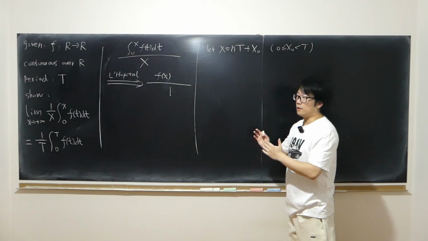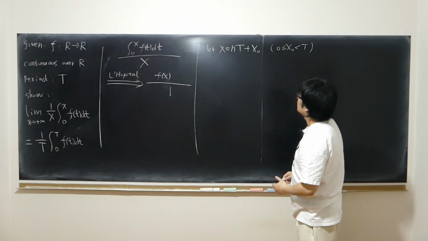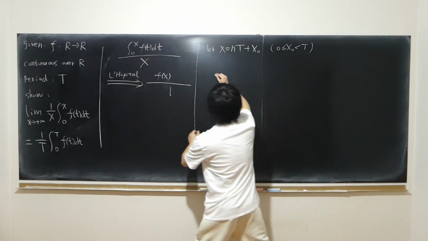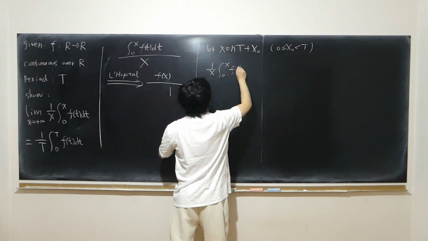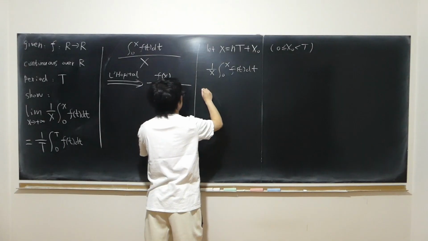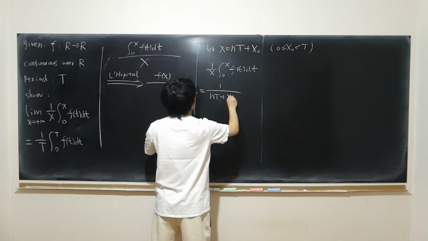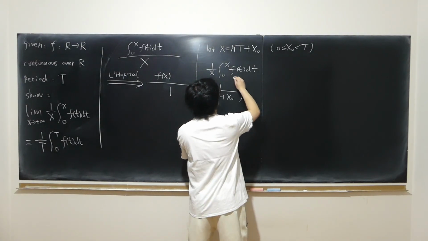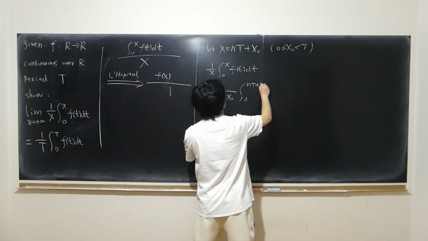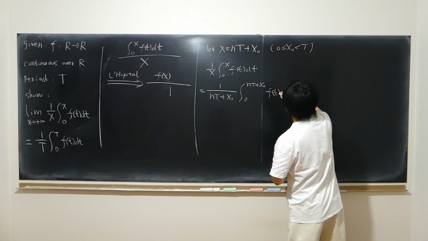This is definitely doable. Let n become big enough. That way my original expression will become 1 over nT plus x naught, times the integral from 0 to nT plus x naught of f of t dt.